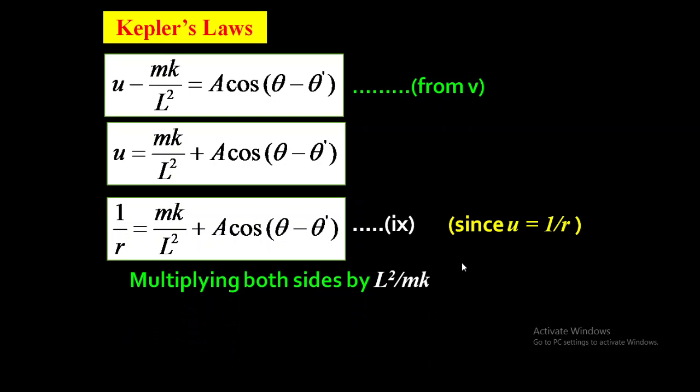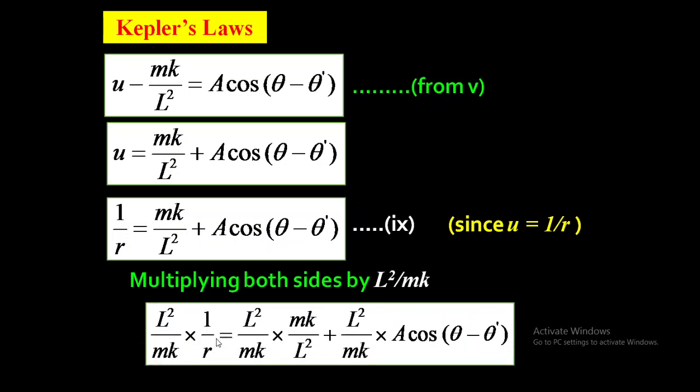Now we will multiply both sides by L square upon mk, because in this position we want 1. So L square by mk into 1 by r is equal to L square by mk into mk upon L square plus L square by mk into a cos (theta minus theta dash).